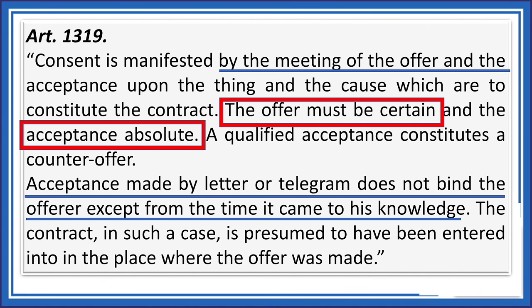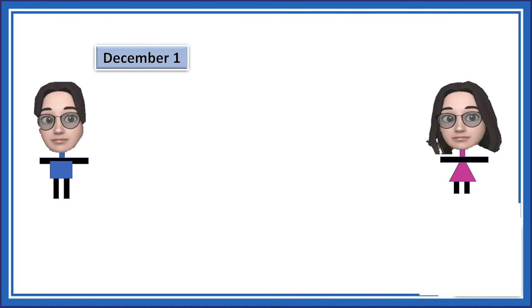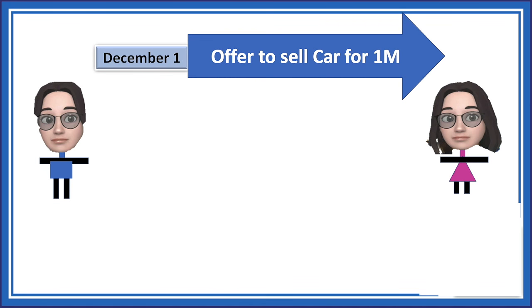Okay, so the offer of the offeror will only become binding from the time the offer is accepted and it has come to his knowledge. Is what I said clear? Anyway, for example, on December 1, Pogi offered to sell his car to Ganda for 1 million pesos by letter.